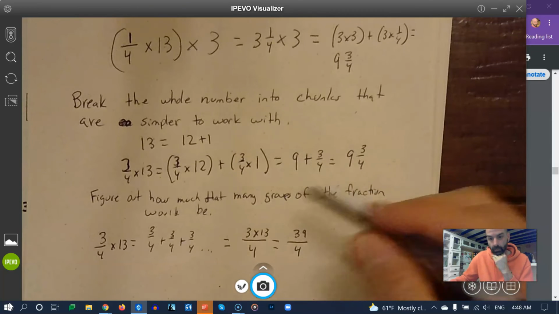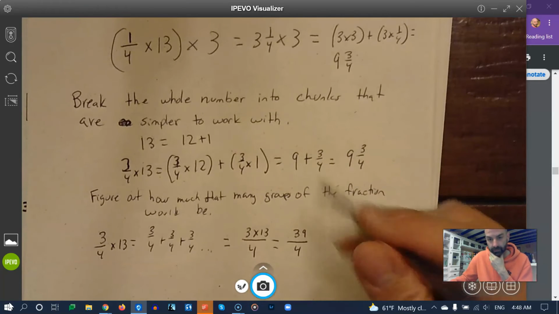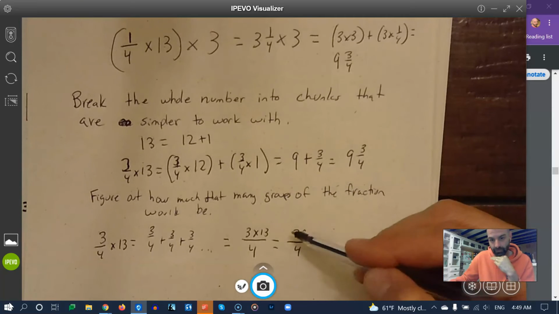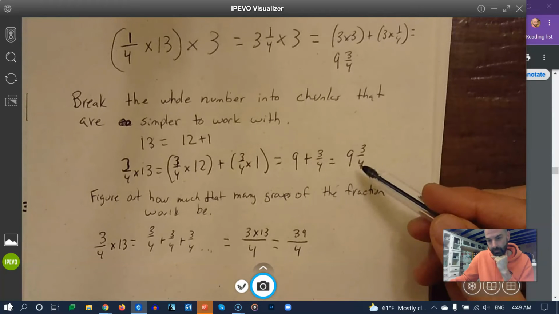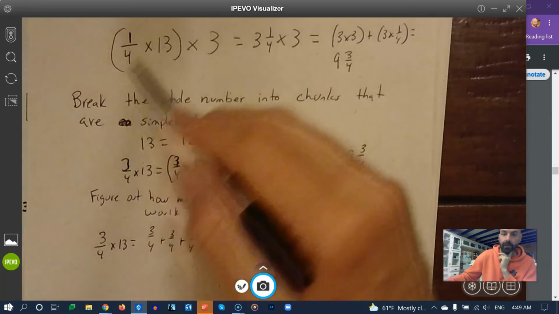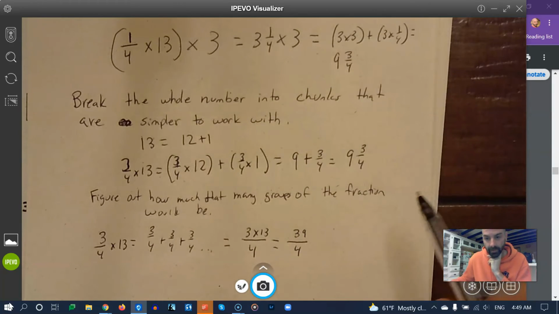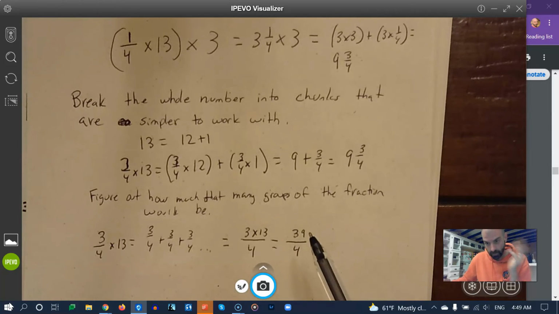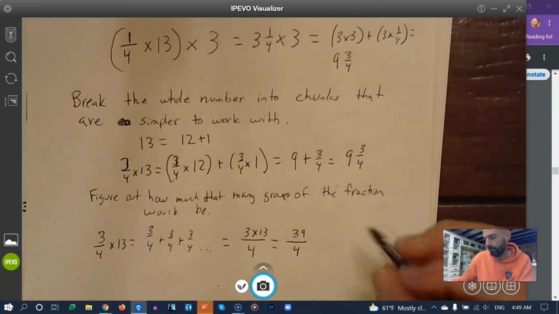Now, this is where we get into a little bit of an issue, because if you don't know how to take 39/4 and turn it into 9 3/4, I'm going to show you, but that's where the other strategies come into play that might make things simpler for you to think about. This might be faster for you to do, right? But just because you can get 39/4 doesn't mean you necessarily know what you are doing.